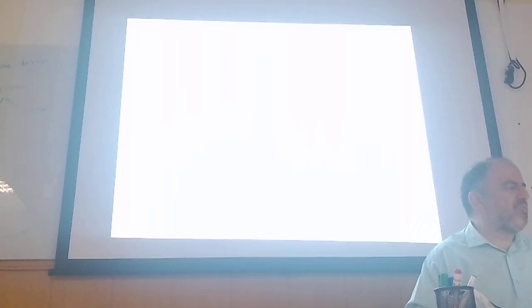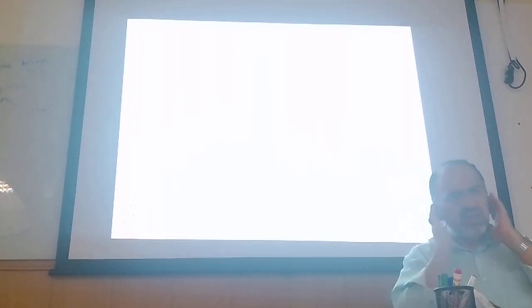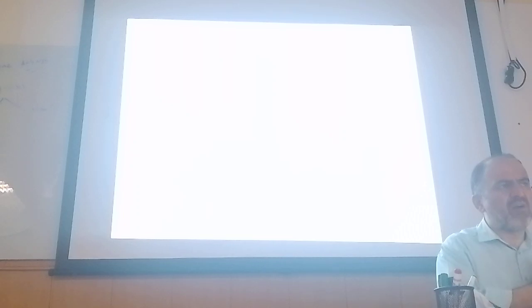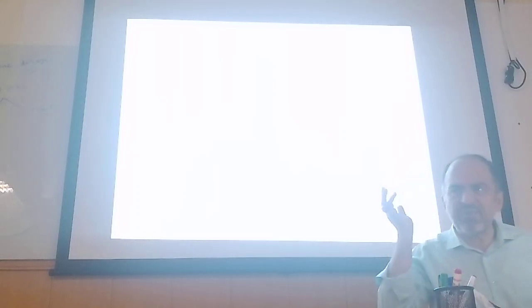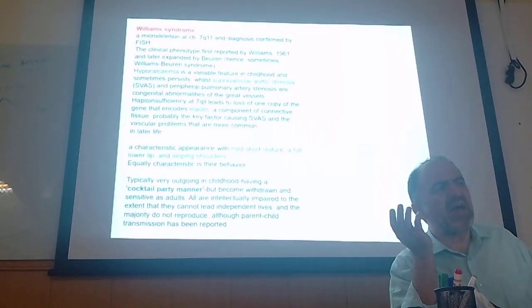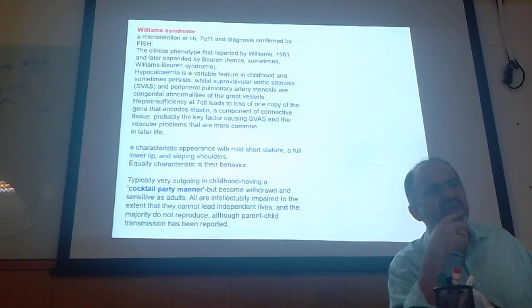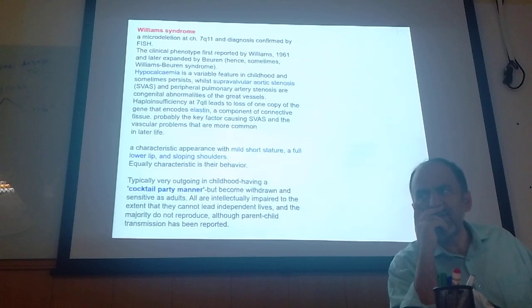We have supravalvular aortic stenosis. When you have the baby, you hear the heart sound. It seems there is something wrong with the heart sound. What is the first exam you will ask for, if there is something wrong with the structure of the heart? ECG? Sorry? ECG?